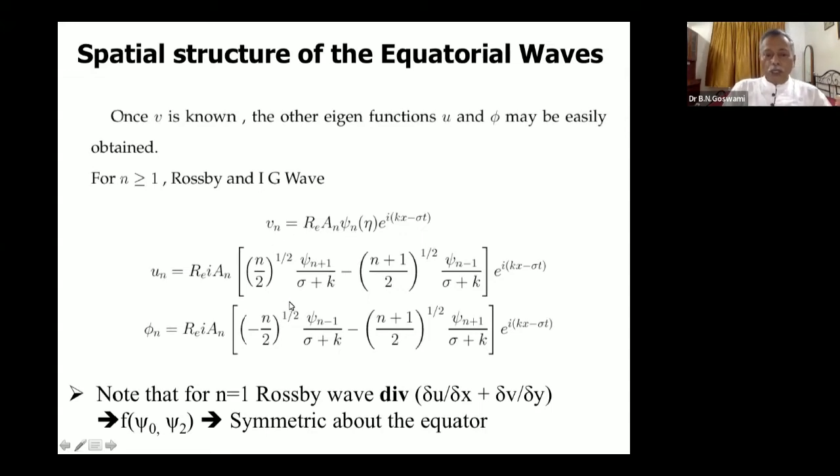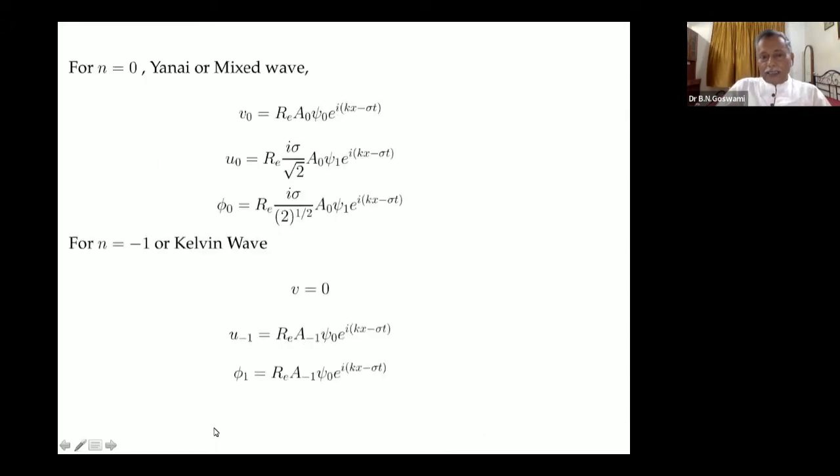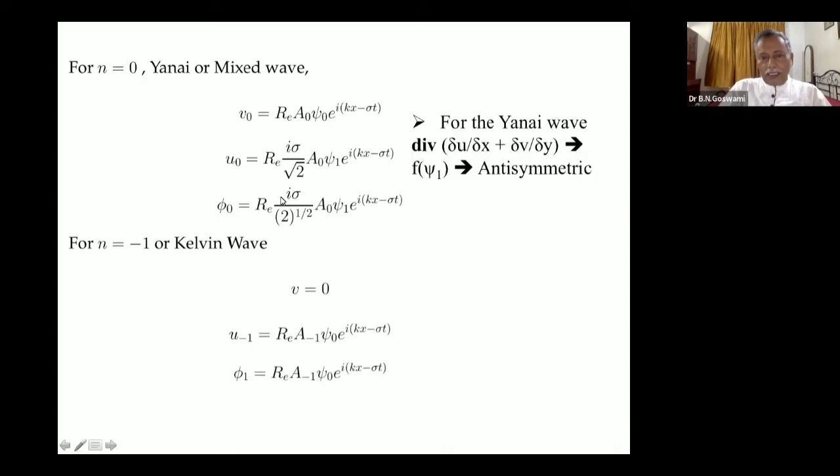So the divergence associated with the n equal to 1 Rossby wave will be a function of psi 0 and psi 2, that is symmetric about the equator. Similarly, for the mixed Rossby gravity wave, V is symmetric, therefore the divergence will be antisymmetric. It will be proportional to psi 1.